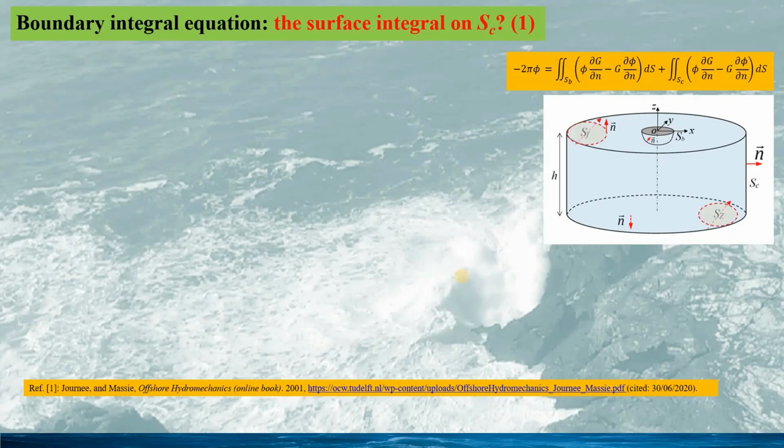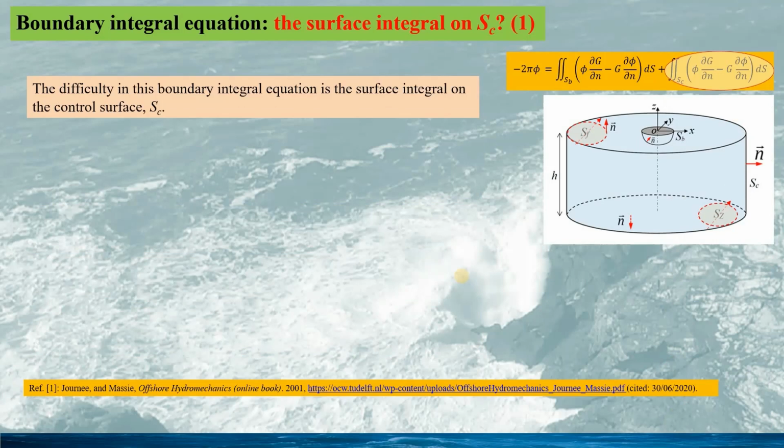The difficulty in this boundary integral equation is the surface integral on the control surface SC, which is essentially an arbitrary surface. In reality, we do not actually perform the surface integral directly, but use the mathematical derivation to obtain the value of the surface integral on SC.